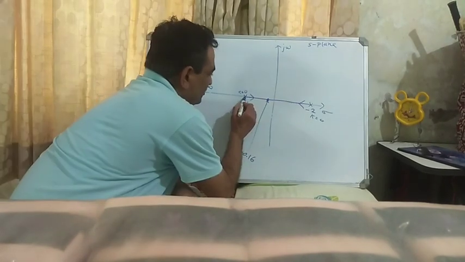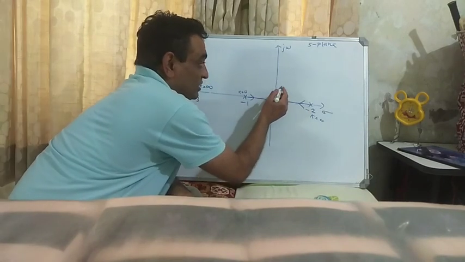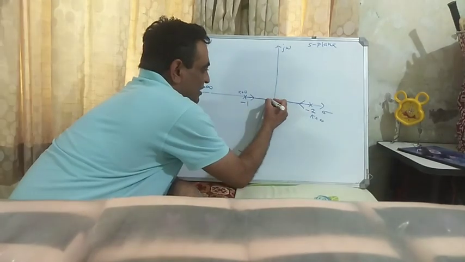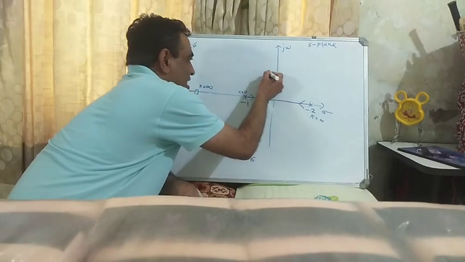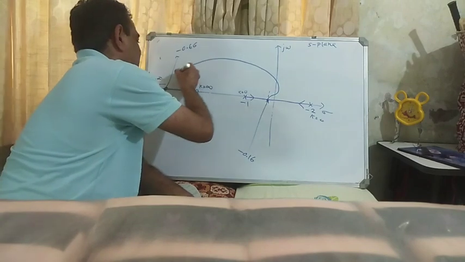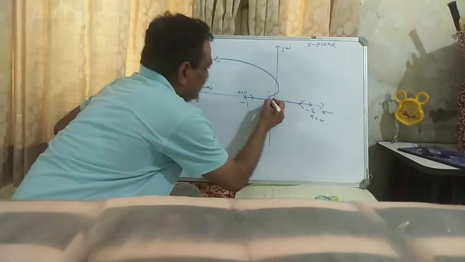So root locus starts from this, comes to this, and then it crosses the imaginary axis twice, so definitely it will move like this and go towards this. One branch, another branch.